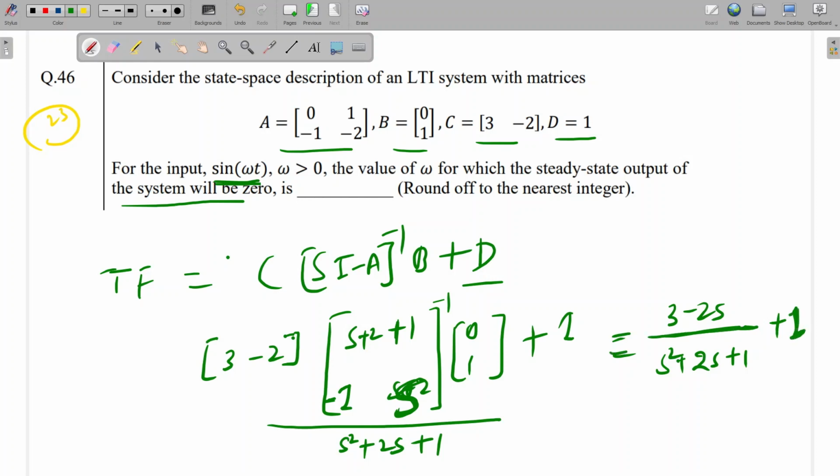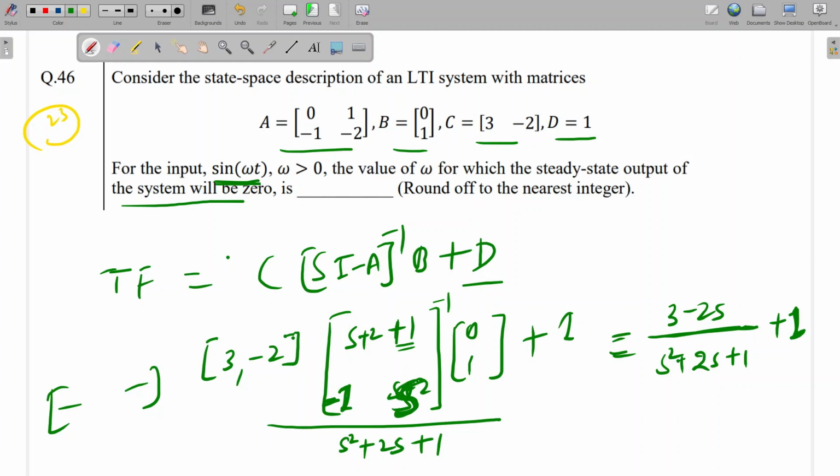Is it correct? See, this first row is 3, minus 2. This is minus 1, s plus 2, and here it is 0, 1. So if we multiply the first row and first column, that will be some value. First row, second column, that will also be some value. But this value, if we multiply with the 0, the first will result in 0. So we should take care of the second only.